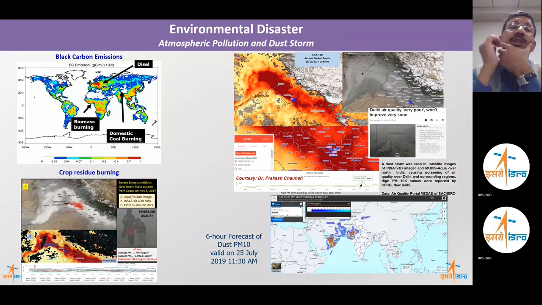Then we have the environmental disasters, another form, which is like the atmospheric pollution and dust storm. As you see, we have very poor air quality over Delhi, especially during October, November.